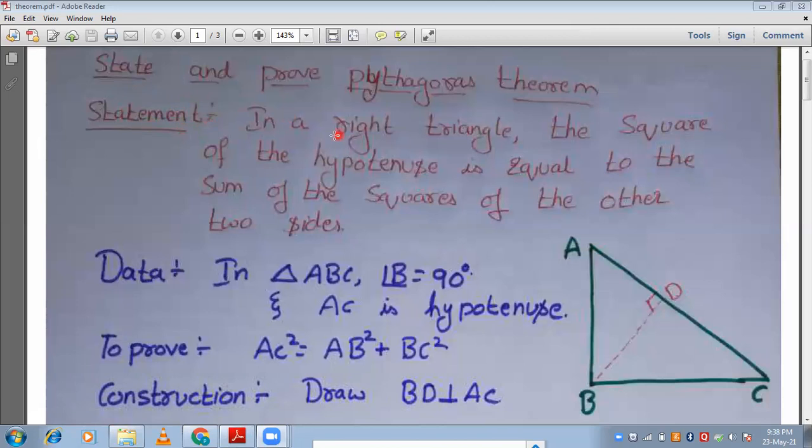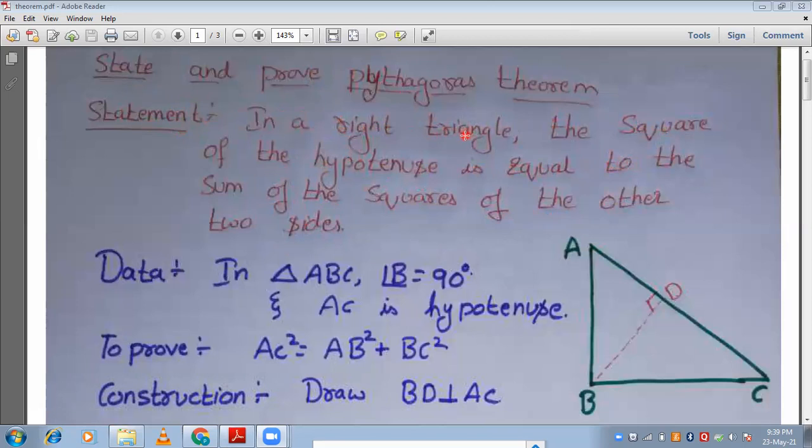The statement is, in a right angle triangle, the square of the hypotenuse is equal to the sum of the squares of the other two sides. This is the statement. What is the meaning of right triangle?